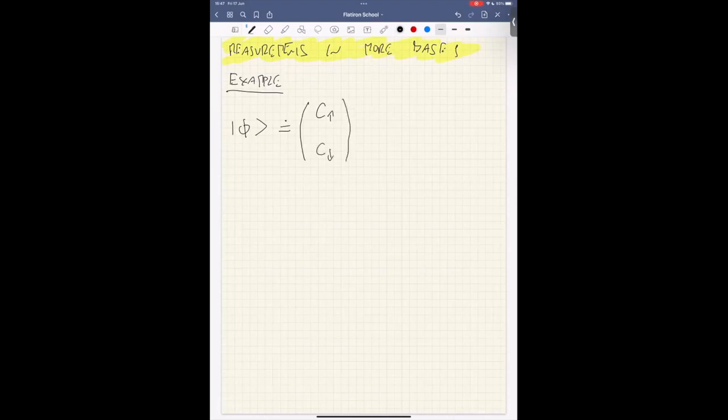This is just a two-dimensional wave function. We discussed this at the beginning of the lectures. Now I make the assumption, for example, that the first coefficient is real, and the second one has a real component times a phase e to the i gamma.